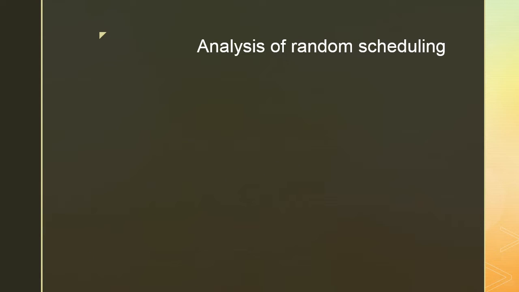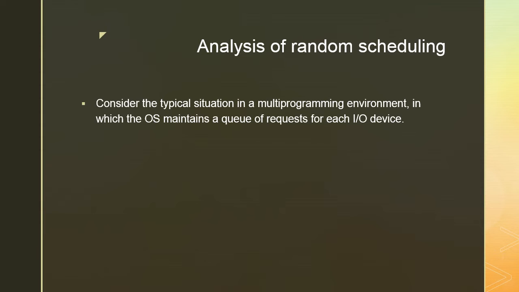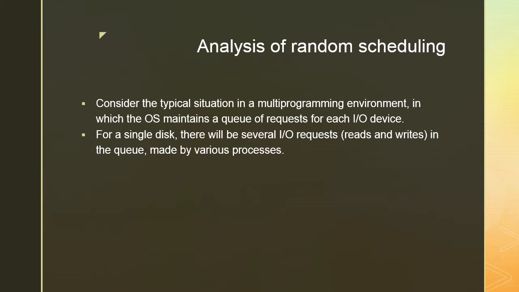Analysis of random scheduling. Consider the typical situation in a multi-programming environment in which the operating system maintains a queue of requests for each I/O device. For a single disk, there will be several I/O requests, reads, and writes in the queue made by various processes.